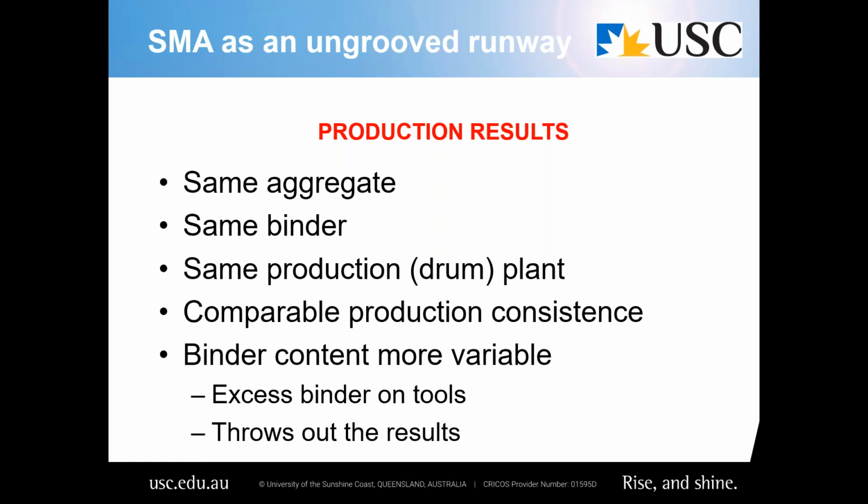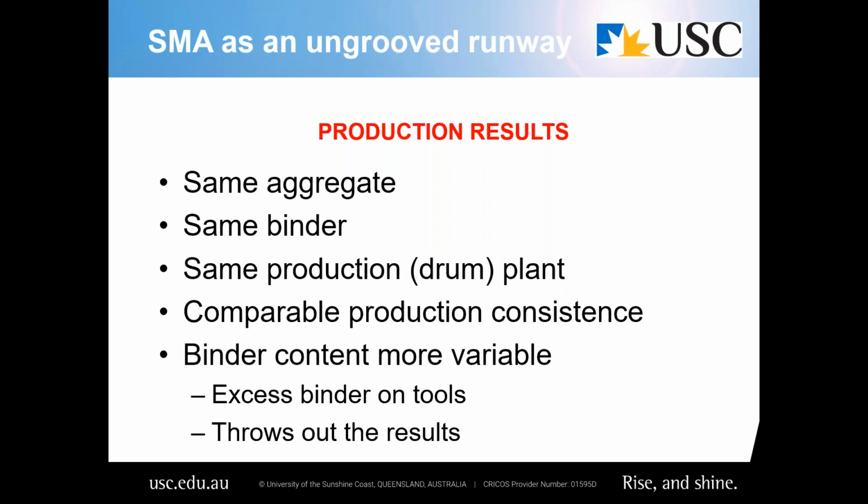But we looked at all of the asphalt production results to make sure that the drum plant that we use commonly on our airport resurfacing jobs was making the stone mastic as well and as consistently as it was making the dense graded. And the Emerald Airport was terrific at allowing this comparison because it had the same aggregate, the same binder, produced in the same asphalt plant.